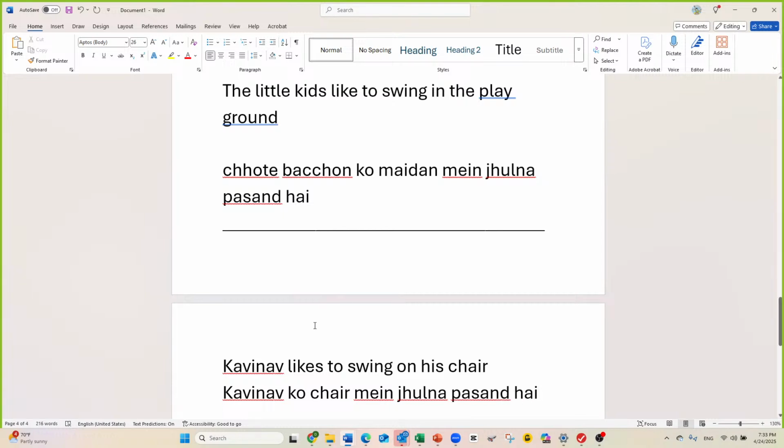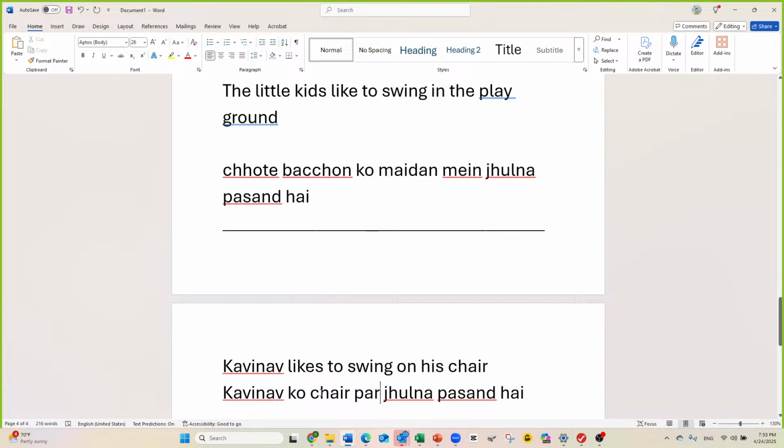Now everything is right, but in the playground, right? You are in the playground, but you are not in the chair. In English, do you say in the chair? No, on the chair. So instead of chair में, you will say chair पर.